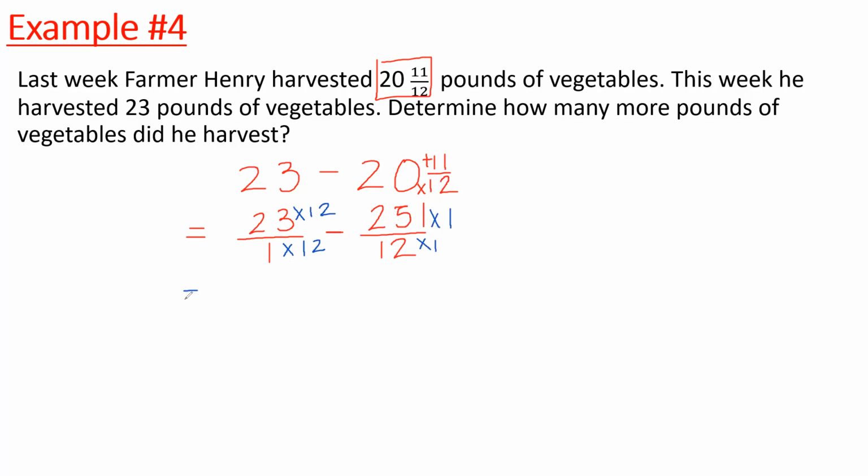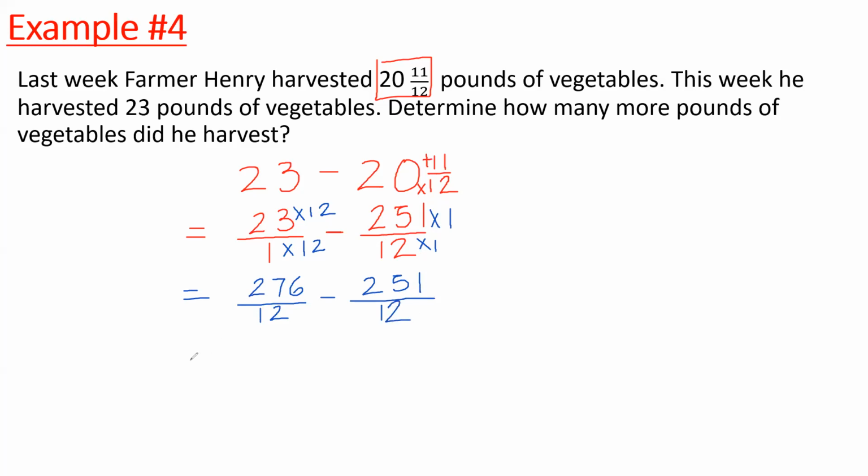What is 23 times 12? 276, all over 12, minus 251 times 1 is 251, all over 12.